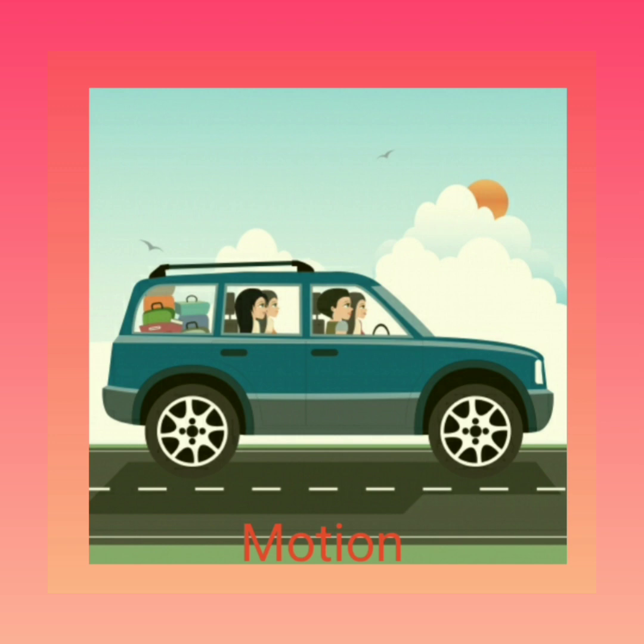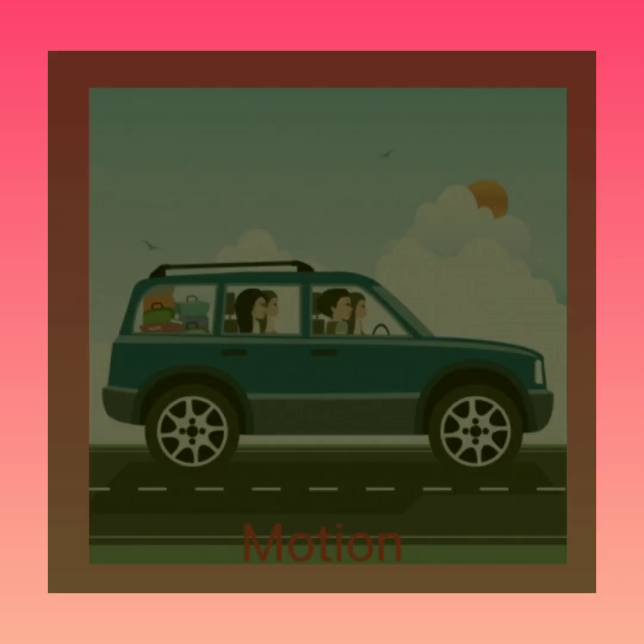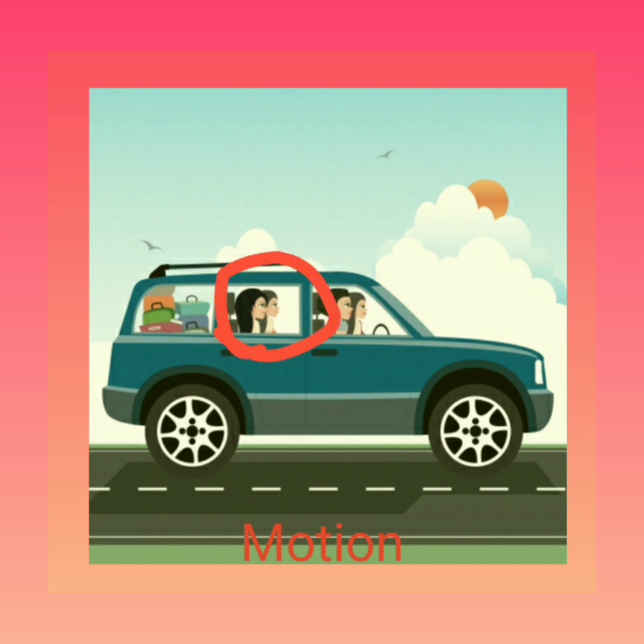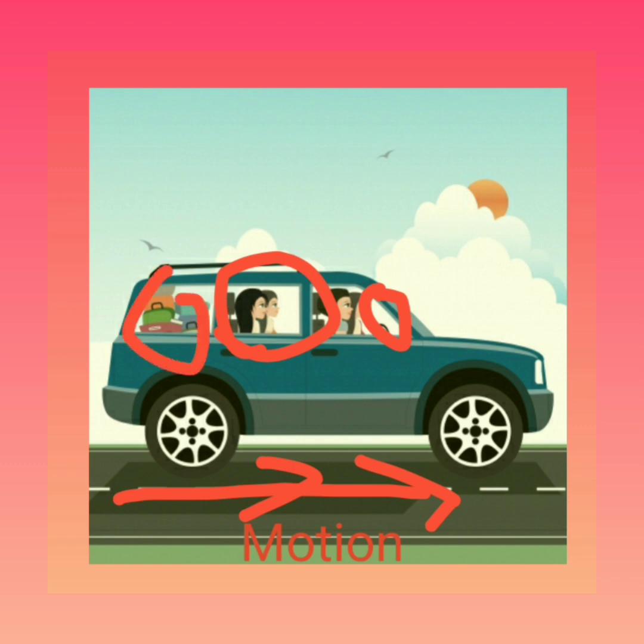Your car's position is changing. Okay? You are sitting in the car, but your car is moving ahead. So, your position is not changing. Your car's position is changing with respect to the objects or other persons sitting with you in the car.